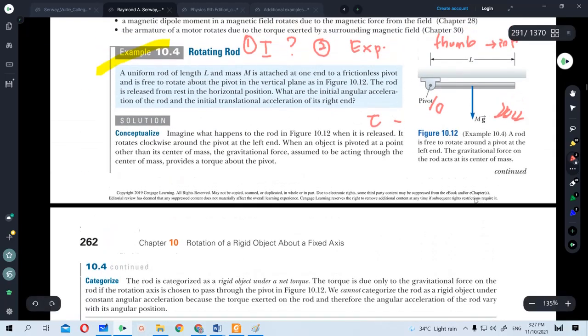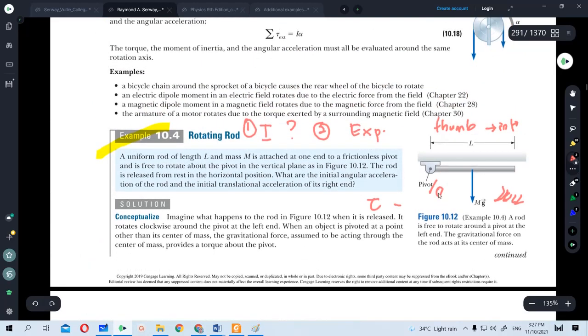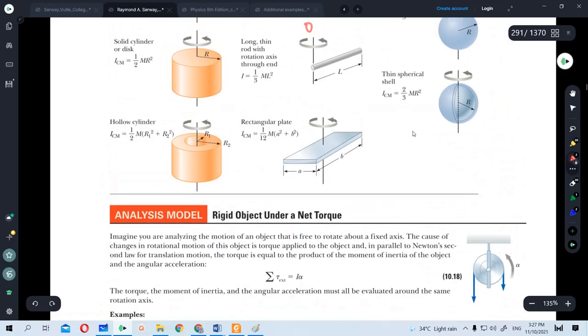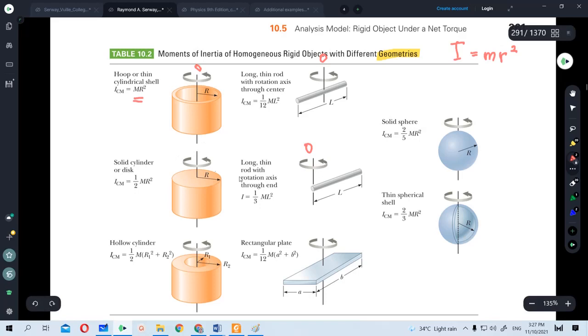Alright, let's now look at the object itself again. What does it mimic? This geometry shows a long rod, and it's pivoted at the end. So this is really similar to this one.